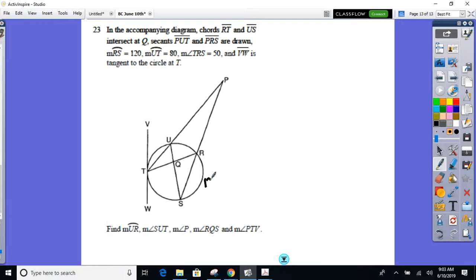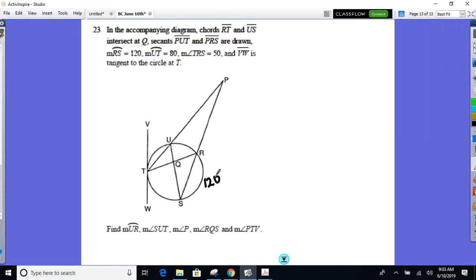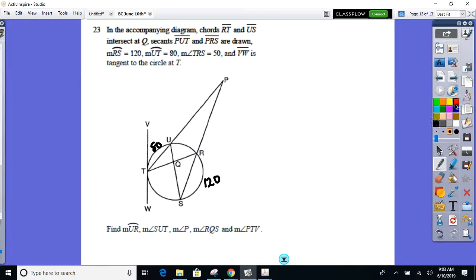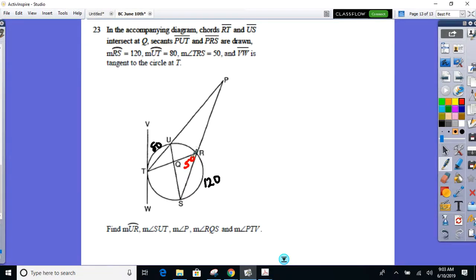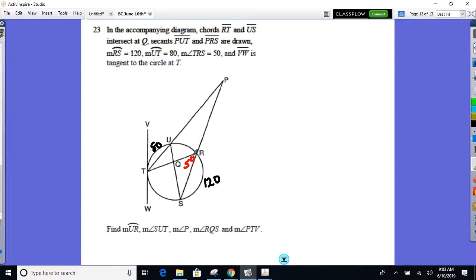When you want to do whatever you want with it, I'm just going to label the arcs they give me. Okay.